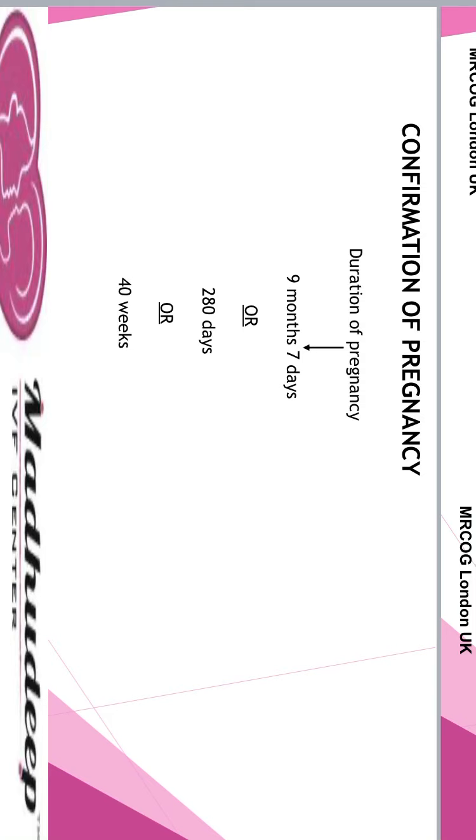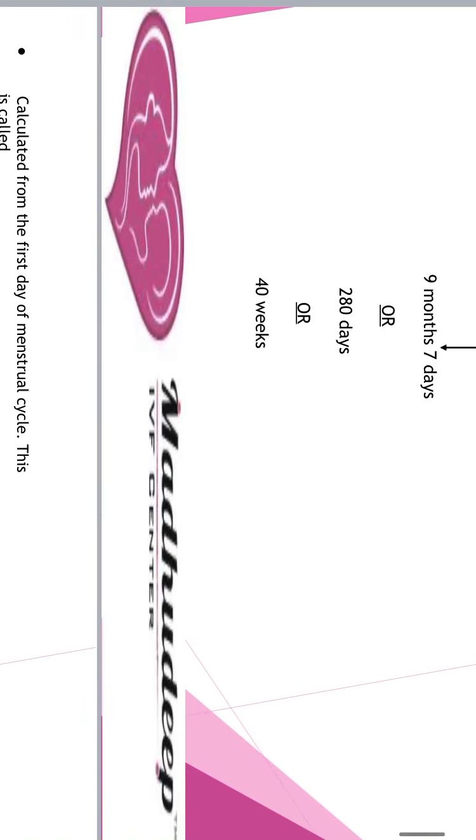So, as we all know, either it is 9 months 7 days, 280 days or 40 weeks, calculated from the first day of the menstrual cycle. This is called menstrual or the gestational age. How do we calculate LMP and EDD?